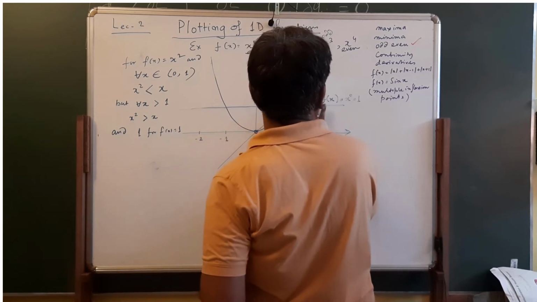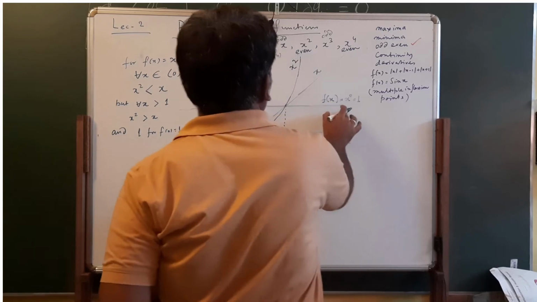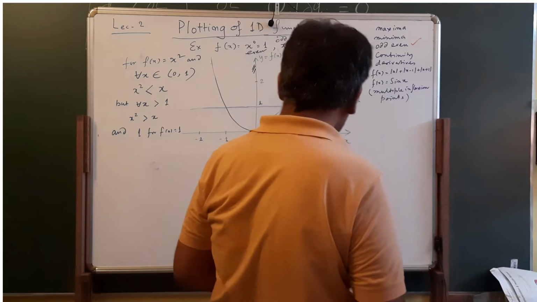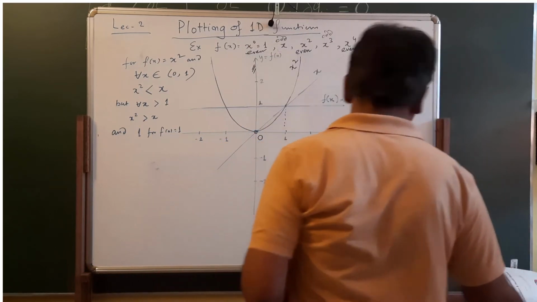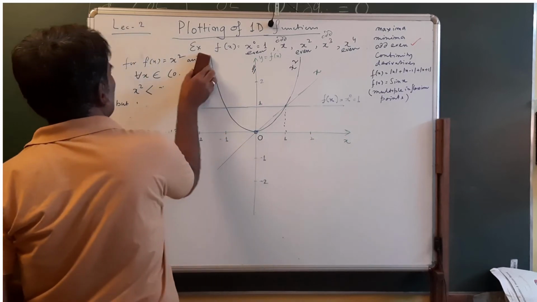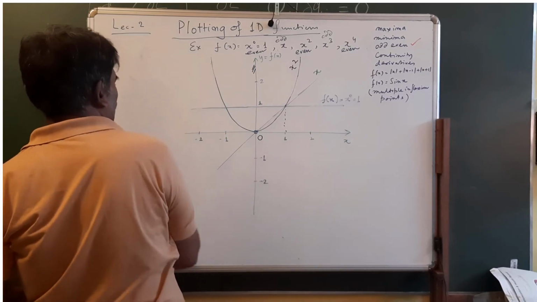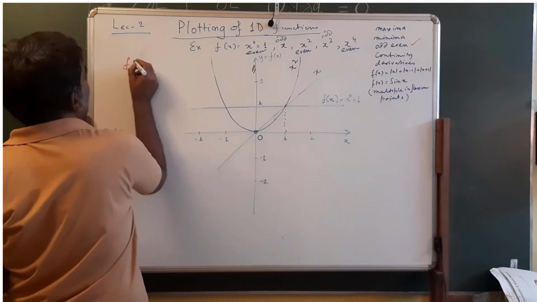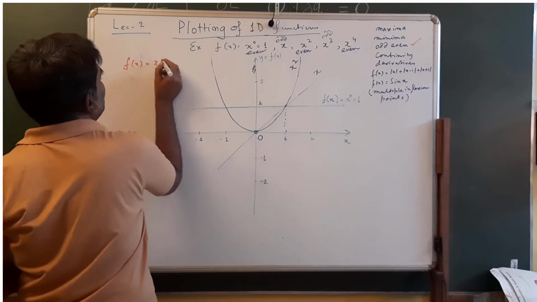Okay, it's already written, f(x) equals 1. Now what about x cube? So f(x) equals x cube.